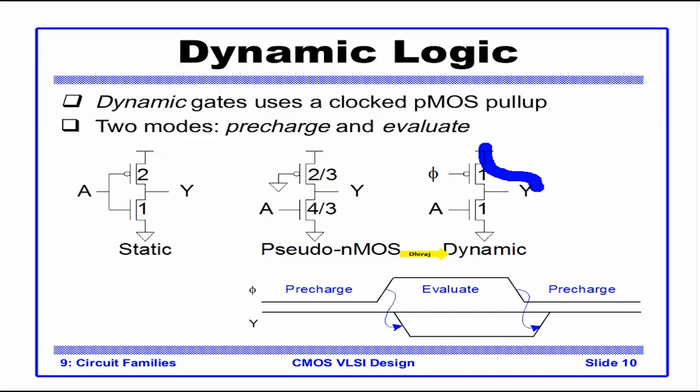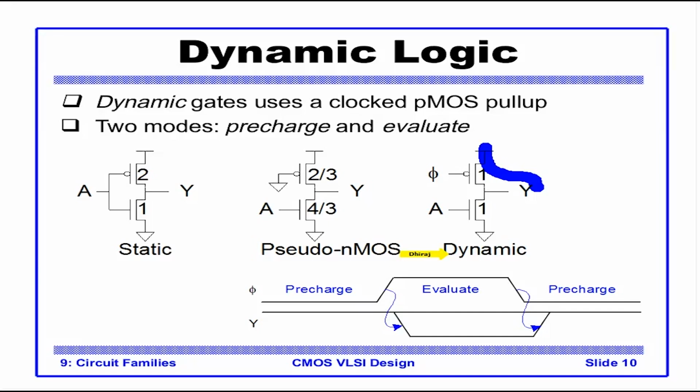When A is 1, the NMOS is on, and Y is 0 because it connects to ground now. Compared with pseudo NMOS, there is no path from VDD to Y. So just like CMOS, only one thing is on at one time. During evaluate mode, if A was 1, Y would go to 0. Again at pre-charge, Y would go to 1.